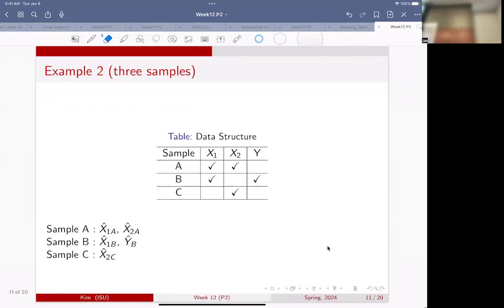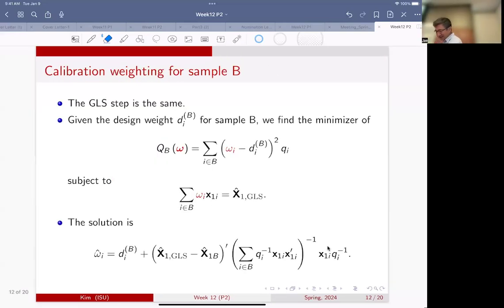That means I cannot really have the observation for sample B that I can leverage, right? So the GLS steps should be the same. The calibration step, your x1. So you cannot really use x2 in calibration.